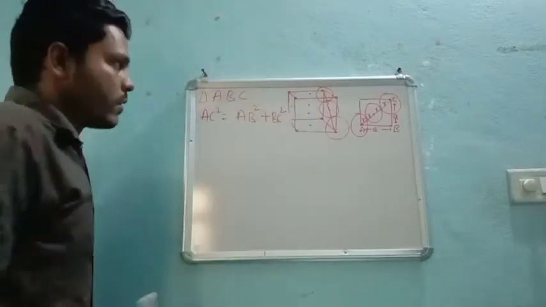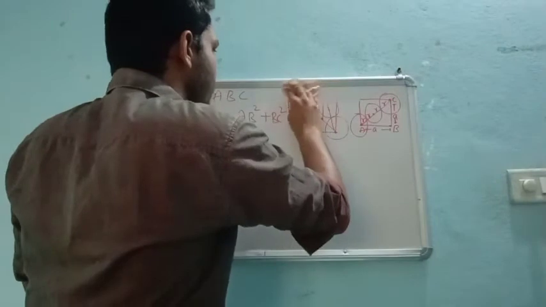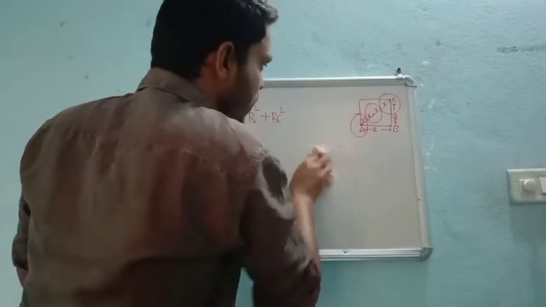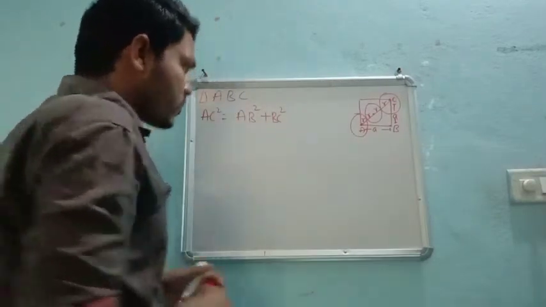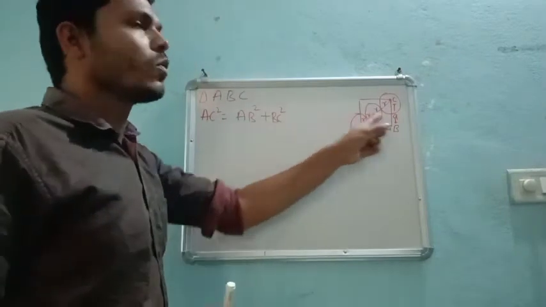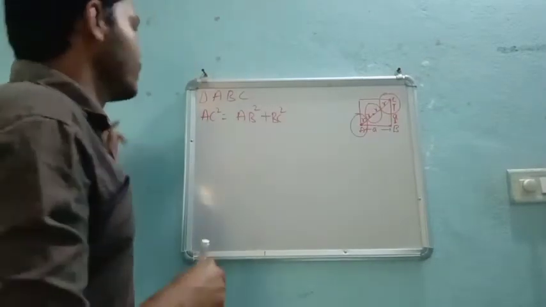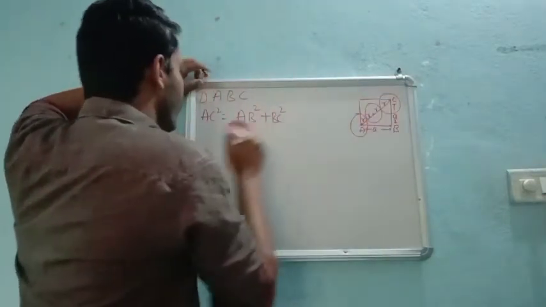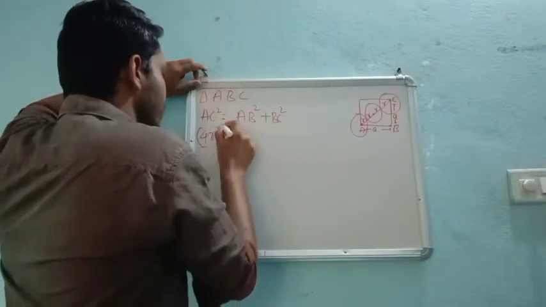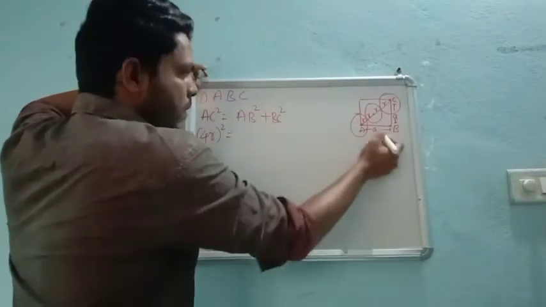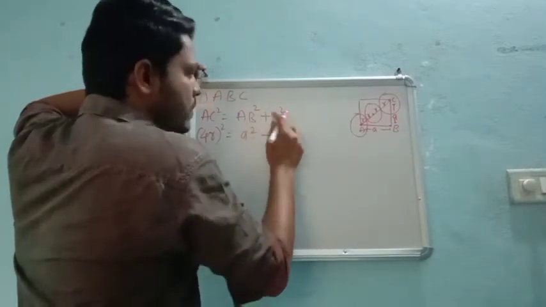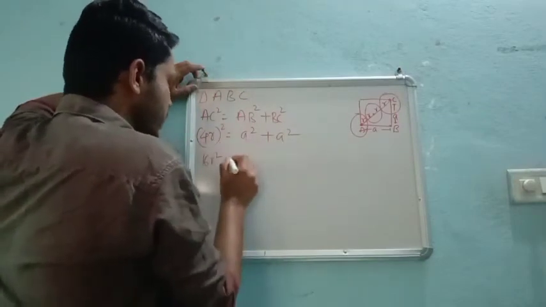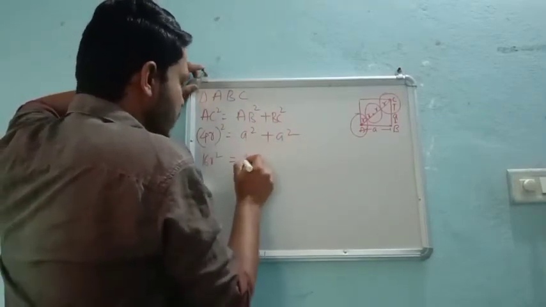You need to draw these two; if you have understood this diagram only, then there is no need to draw this, right? Now what is A to C? A to C is 1, 2, 3, 4, 4r whole square. AB is the edge length, a square, plus BC, again a square. So 16 r square is equal to 2a square.